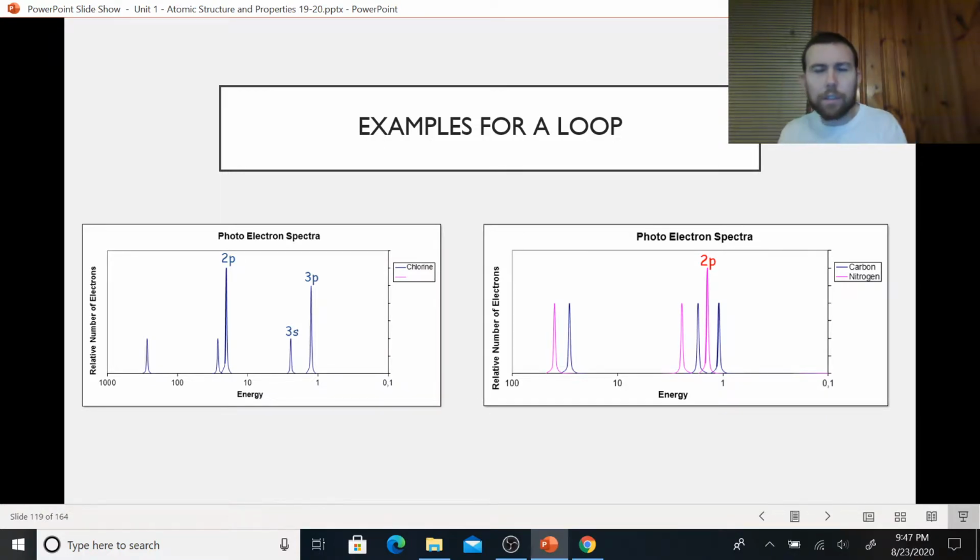There's a shift there. Now, I want you to think about what could be causing there to be a shift in the binding energies of the 1s sublevels of carbon and nitrogen respectively.